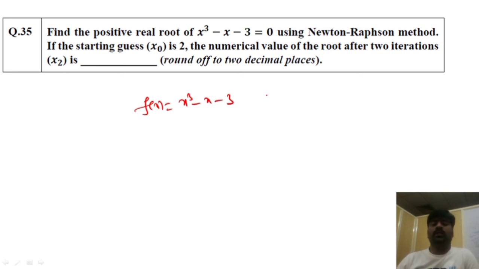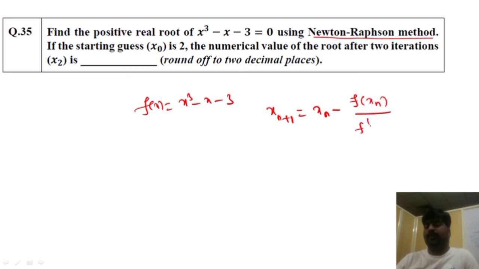Coming to the Newton-Raphson method, it says that x(n+1) = xn - f(xn)/f'(xn). That is what the Newton-Raphson method says.